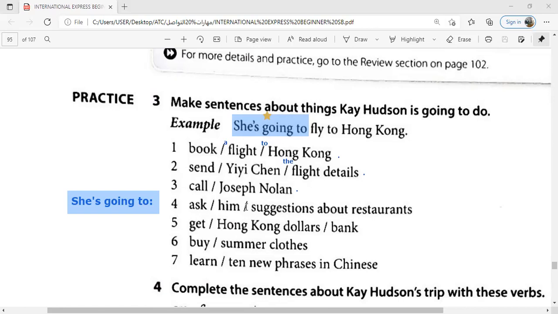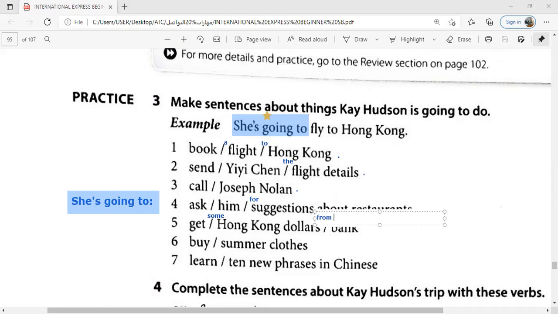She is going to ask him for some suggestions about restaurants. She is going to get some Hong Kong dollars. كملوا. في عندي كلمة bank.